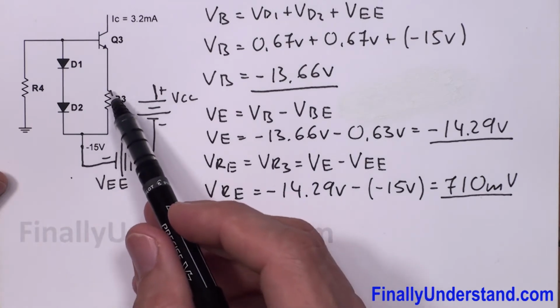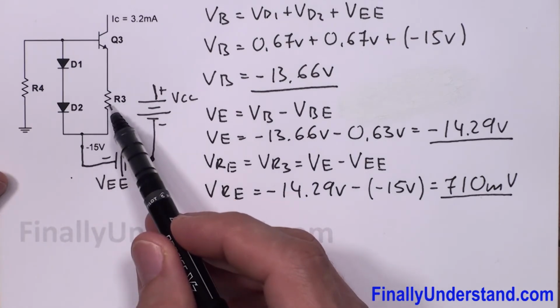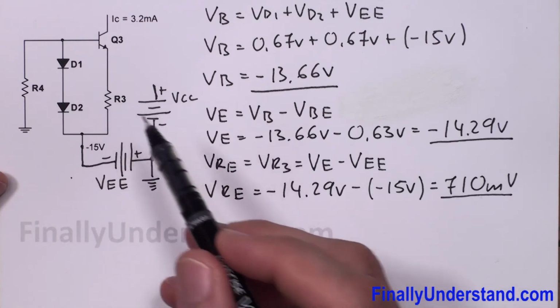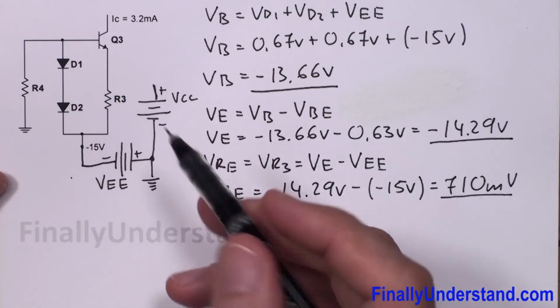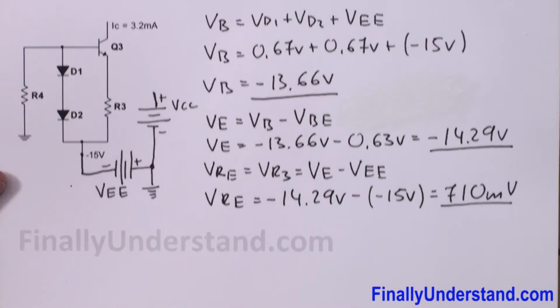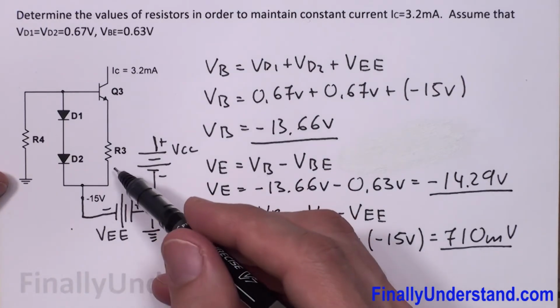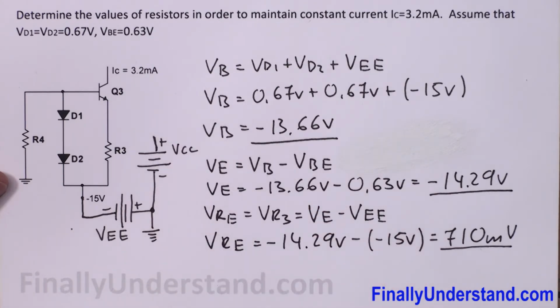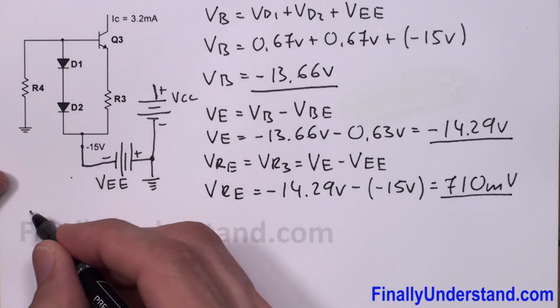Now, because I have the voltage across this resistor and I have the current which will go through this resistor, keep in mind that the current which will go through this resistor is approximately equal to IC, because IB has a very small value. So let me write this down.